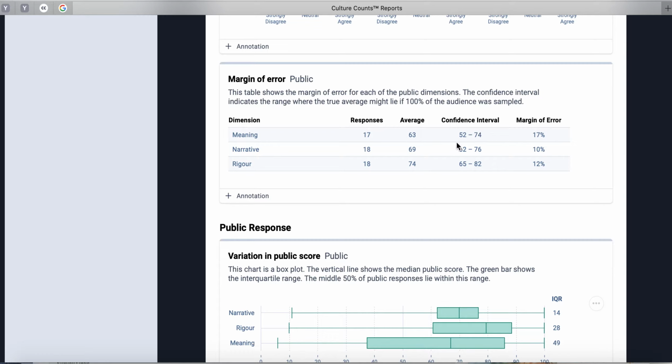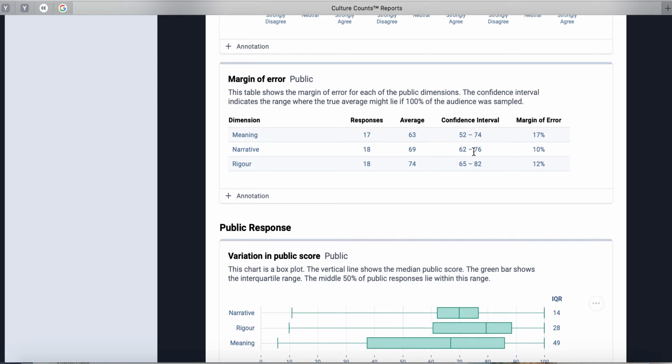So yes, it could be 63, but it very easily might not be 63. That is what the margin of error means, and the smaller the margin of error, the smaller the interval, if you like. Because it could actually be that meaning scored 53 as opposed to 63.